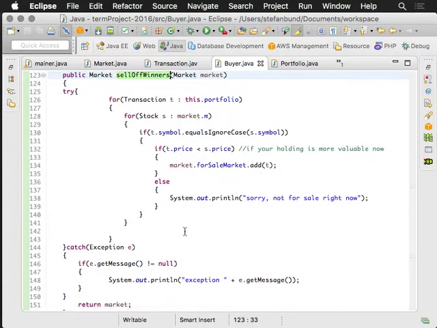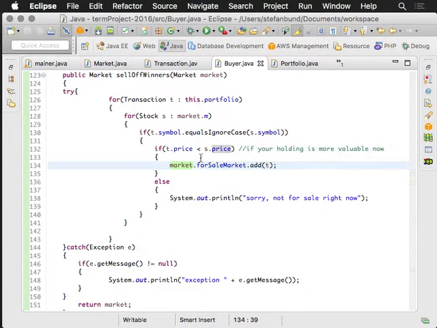So we go down to sell-off winners. We're saying, for every transaction in your portfolio thus far, look at each of those stocks in the market. If the stock in the market is the same as the transaction in your portfolio, and the price of your transaction is less than the price in the market, go ahead and put it up for sale.